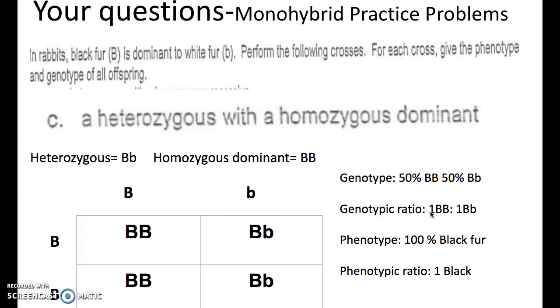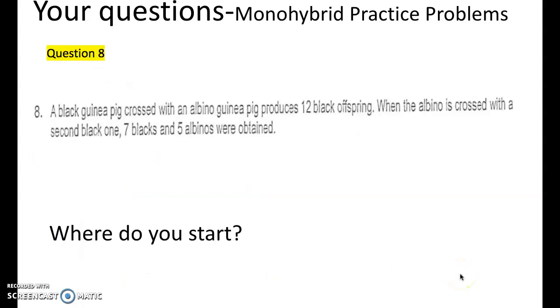For the genotype ratio, again, you can write 2 big B, big B to 2 big B, little b, or you can just simplify to 1 to 1. And then every single box here will have a capital letter, so capital meaning dominant. So 100% will have black fur, and the phenotypic ratio is 1, that is black. So hopefully that makes sense.